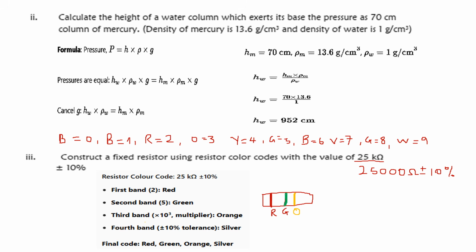So this is the resistance that's needed. So the final color code is going to be red, green, orange, and then silver. The last one is silver, which is the 10%. Gold, I think, is 20%. Just verify to be sure.